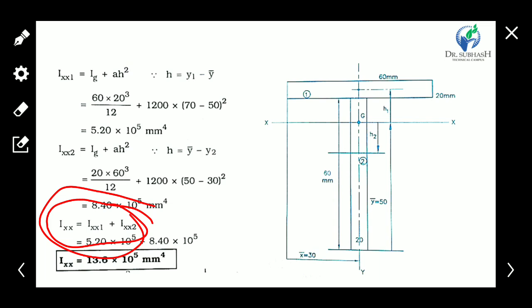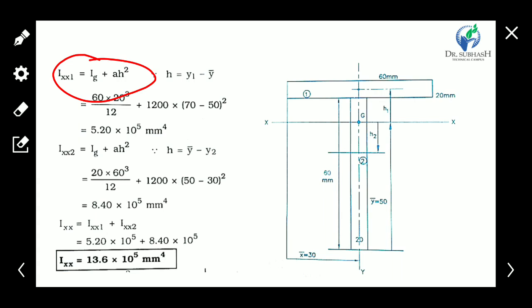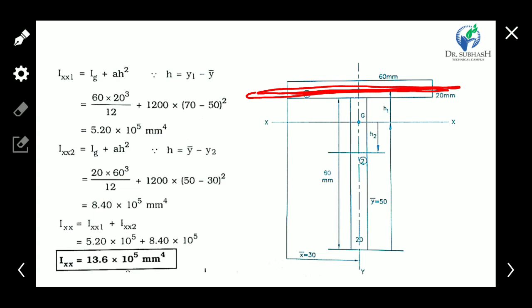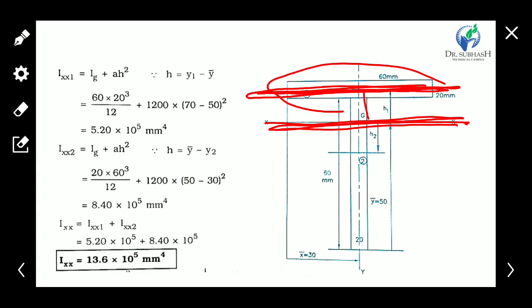First, for the first element, a rectangle, a regular shape, we can find the moment of inertia Ig, but Ig is about its own axis, and we have to find it about this axis. So the parallel axis theorem is applied here.